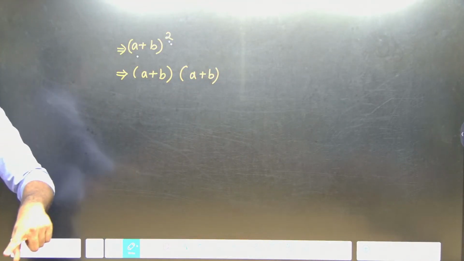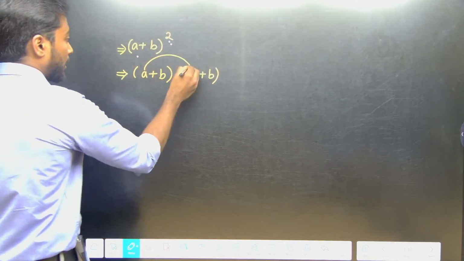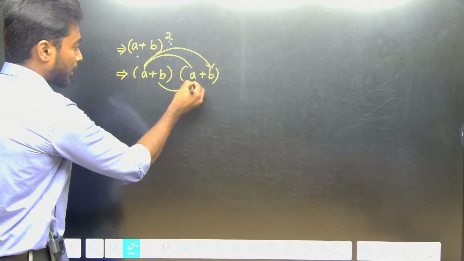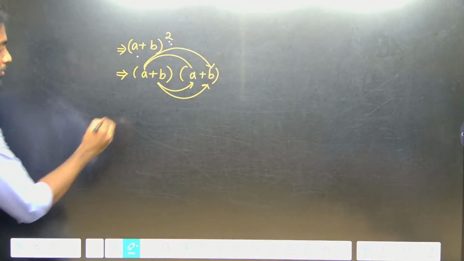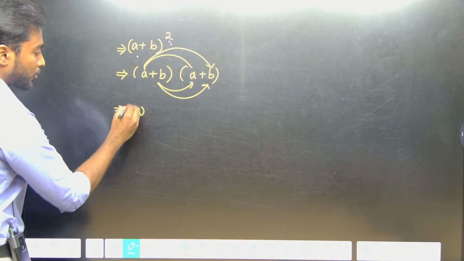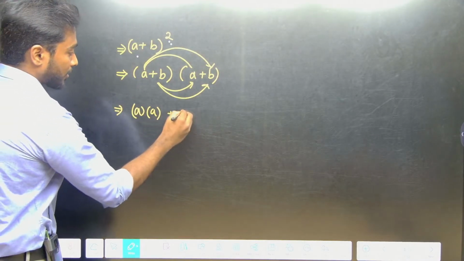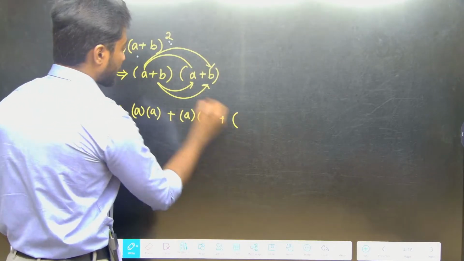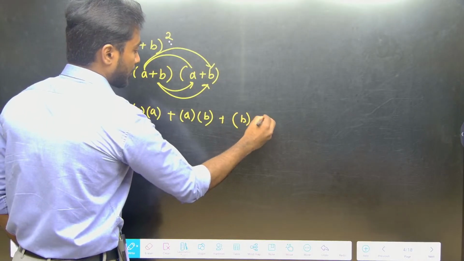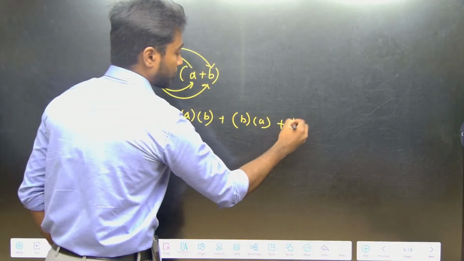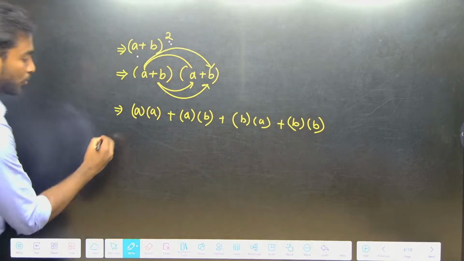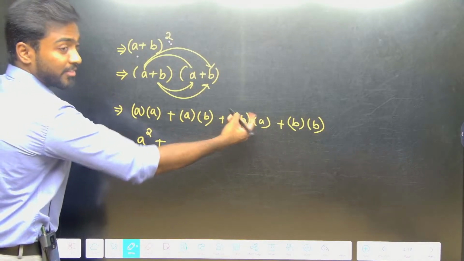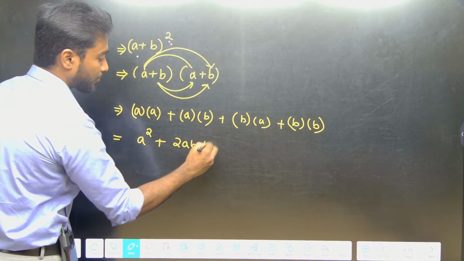Then what is the next step? a into a, a into b, then b into a, b into b. So the next step I need to write a into a plus a into b, then plus b into a plus b into b. So we are getting a square plus ab plus ab, 2ab, plus b square.